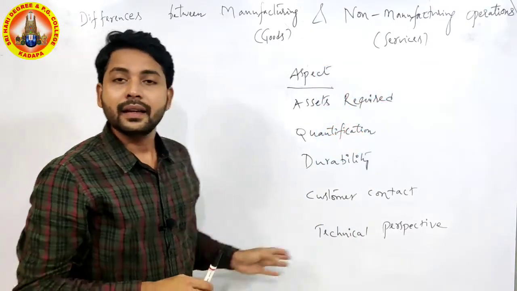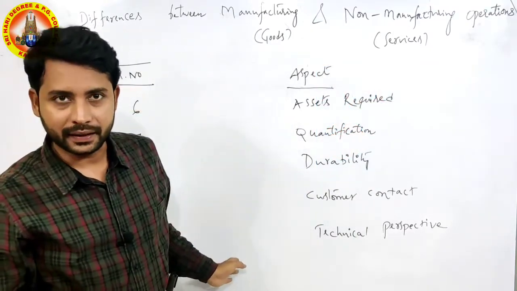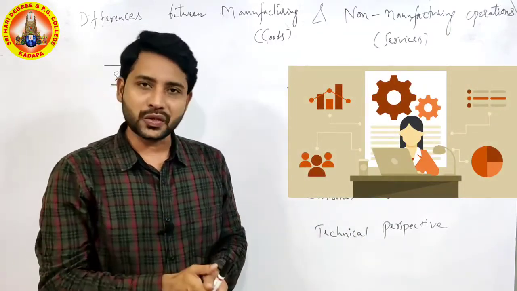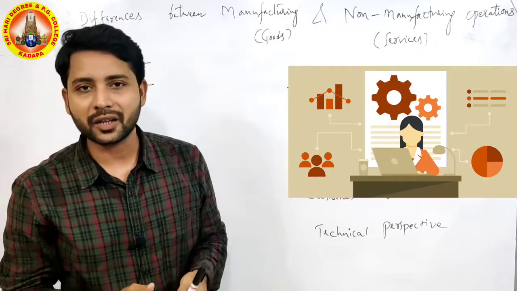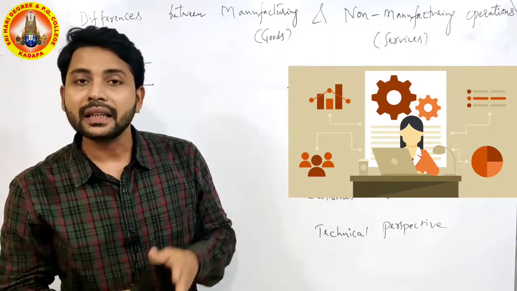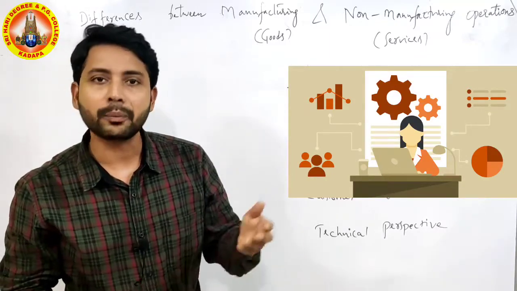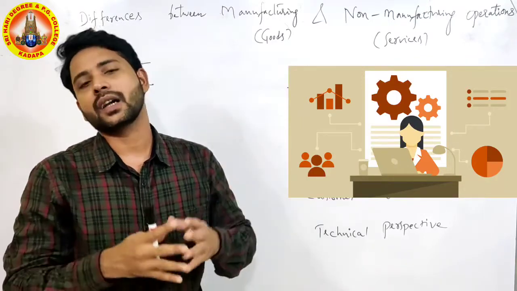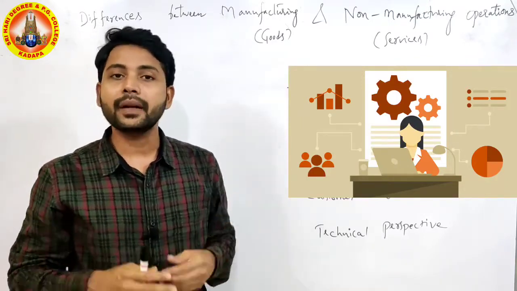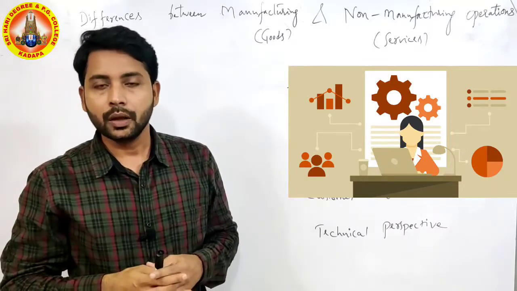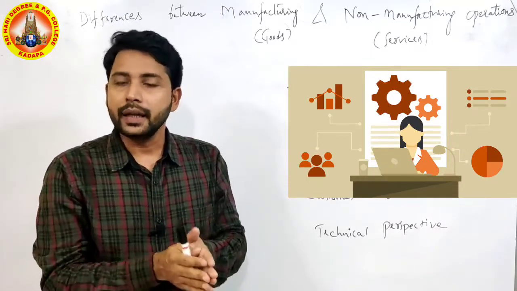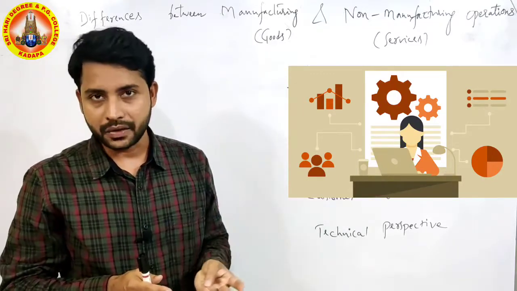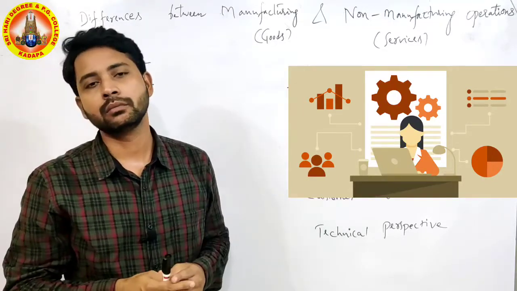And then the last aspect is the technical perspective. Goods or manufacturing operations adopt capital intensive methods, because to produce a commodity they need machines and equipment, along with manpower.